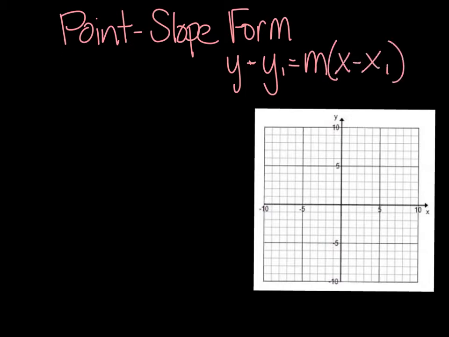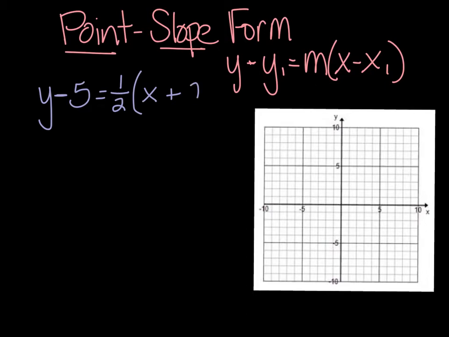And again, the name, point slope, it gives us a point, it gives us the slope. So hopefully that's what you think when you hear that form. So when we see y minus 5 equals, let's say, 1/2 times x plus 2.